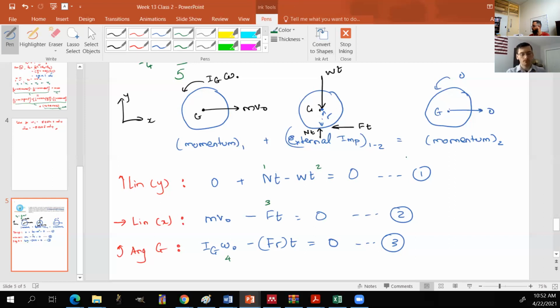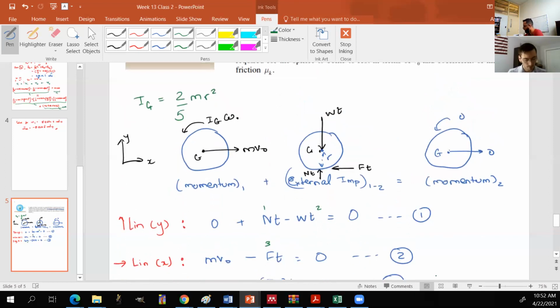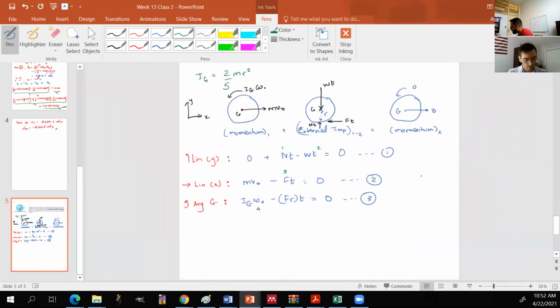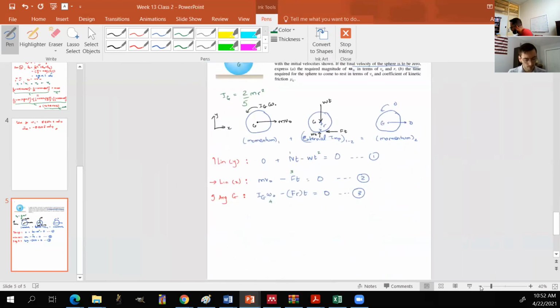All of this is linear momentum, right? No, the first 2 are linear, the last one is angular. Can we use conservation of energy? No, because you have external forces acting on the system. Friction is acting on your system.